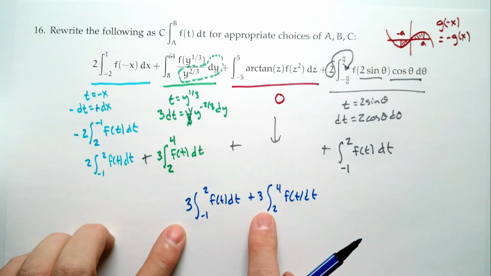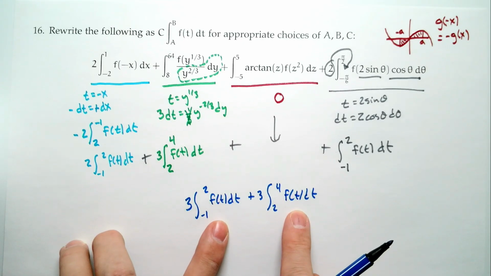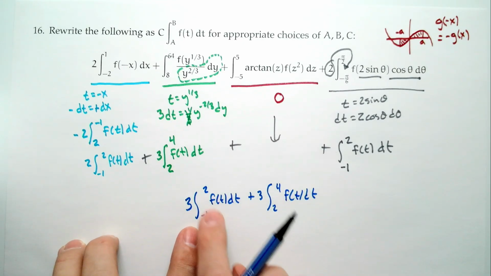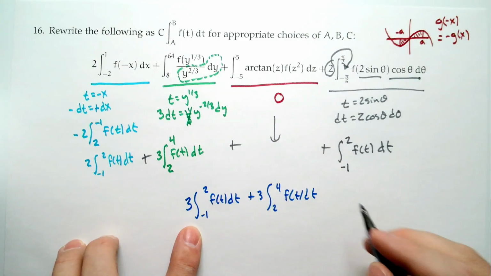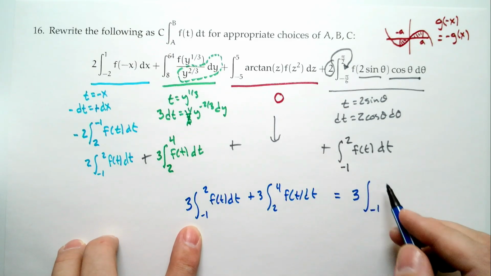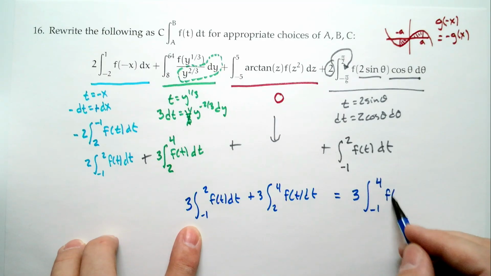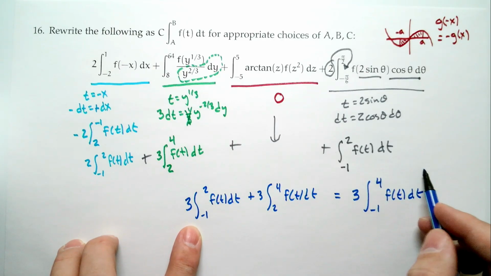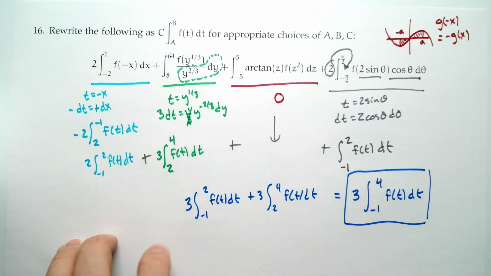Well, they're both 3's, they're both f of t dt's. The only thing is that one goes from negative 1 to 2, one goes from 2 to 4. So we can write it as a single integral from negative 1 to positive 4 of f of t dt. And there's our answer.